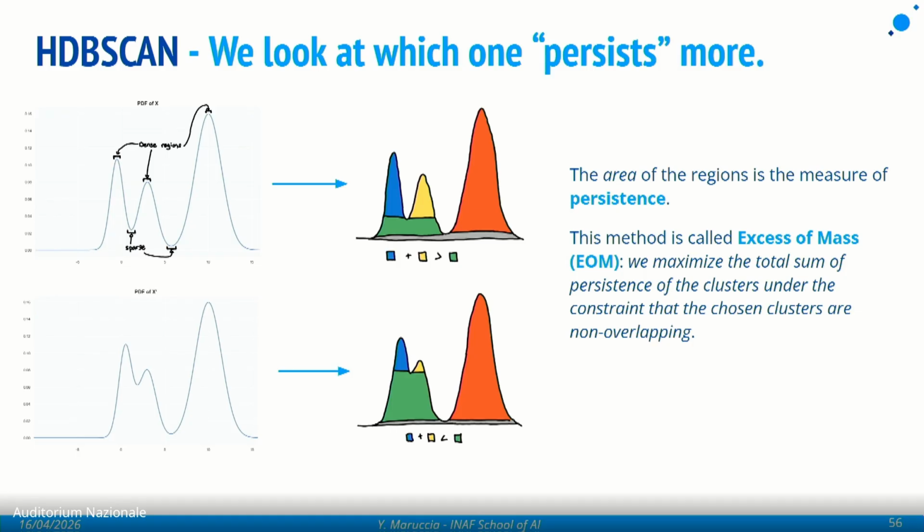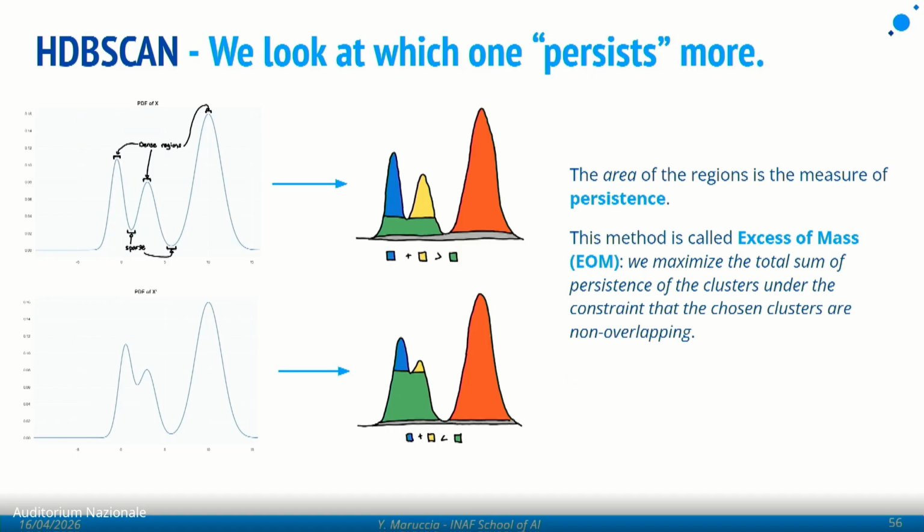So how persistent a cluster is means how much its area is greater or not than the sum of the green parts, where we are cutting the shape of the distribution, or the probability distribution, okay?